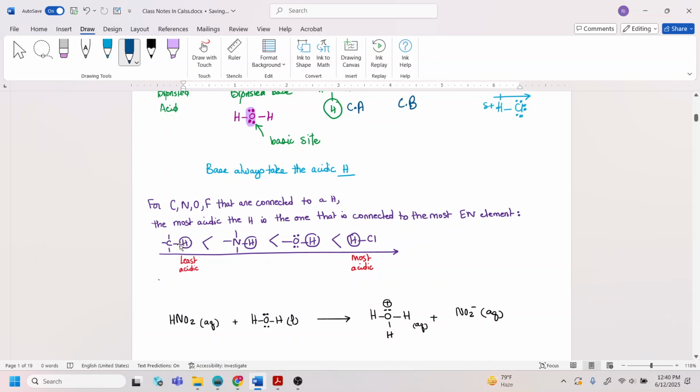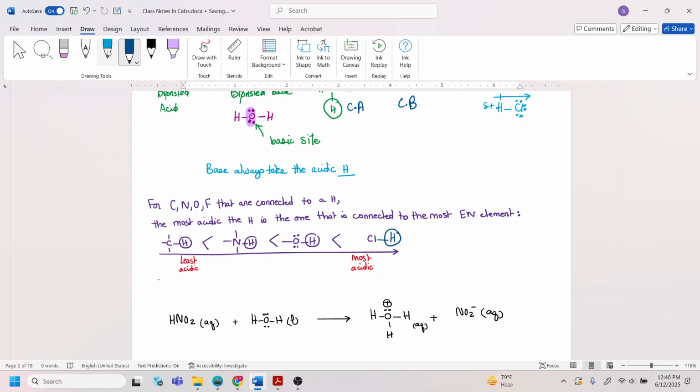And here I'm just comparing the acidity of hydrogens that are connected to carbon, to nitrogen, to oxygen, and to a halogen. So let's keep the same trend in here. So you do have a hydrogen in there. Okay, so if the hydrogen is connected to chlorine, chlorine is the most electronegative element.